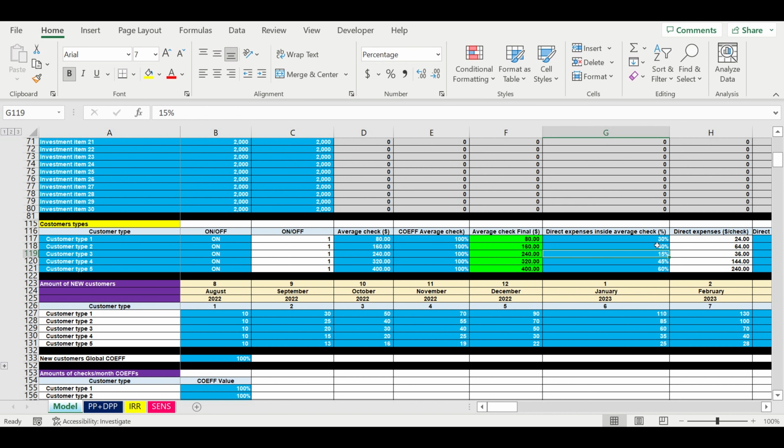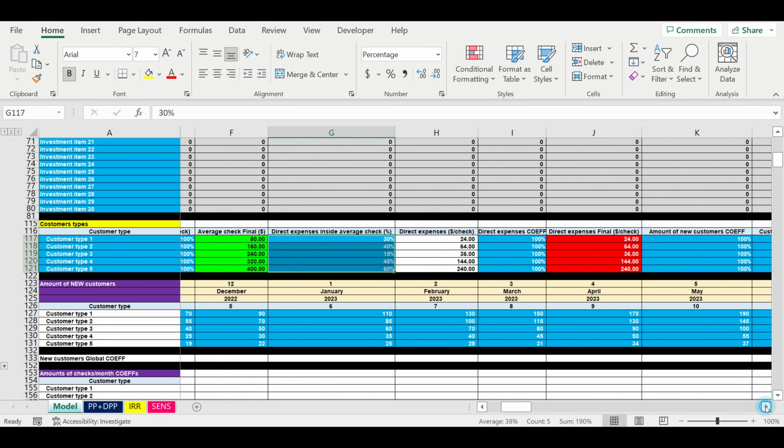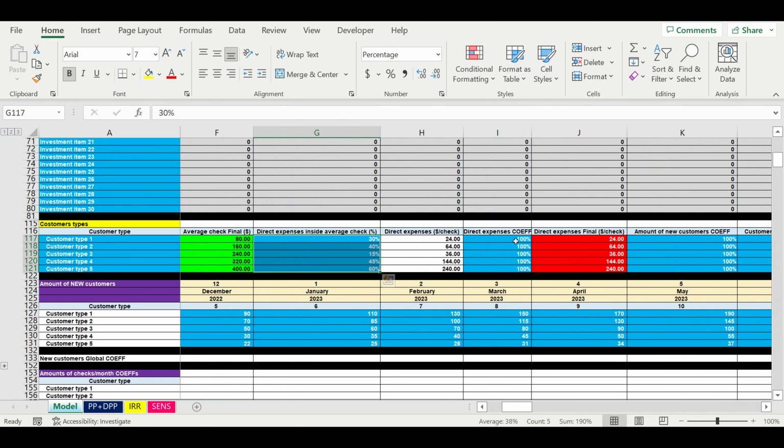Then we specify in percentages the direct expenses inside the average check. So we specify the level of direct expenses inside the average check. We also have the same coefficient for direct expenses.